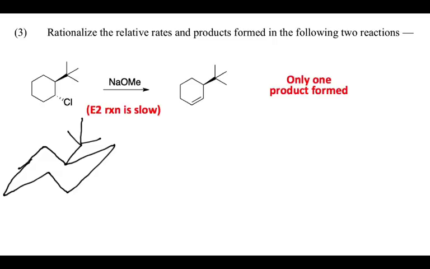And then the chlorine next to it, because it's trans, is also going to be equatorial, which is down, and that's a problem for reacting, because none of the hydrogens next to it are anti-periplanar, or anti-coplanar.